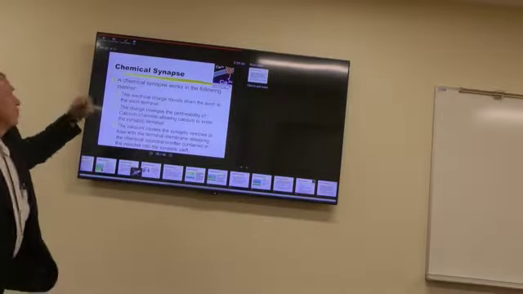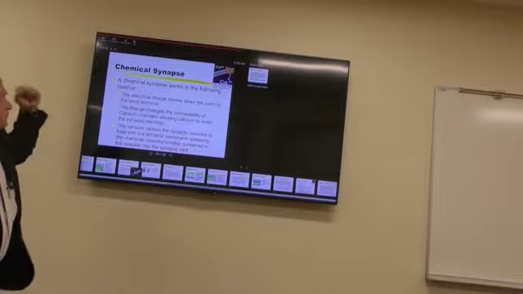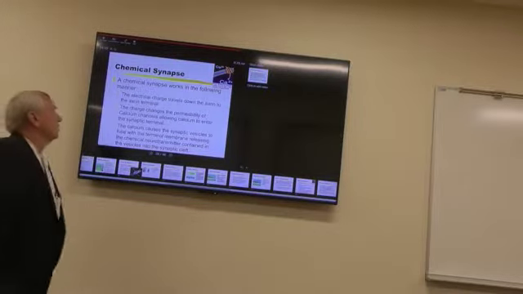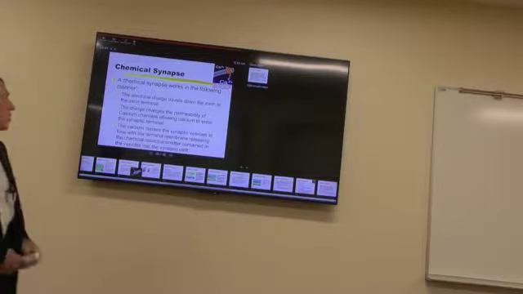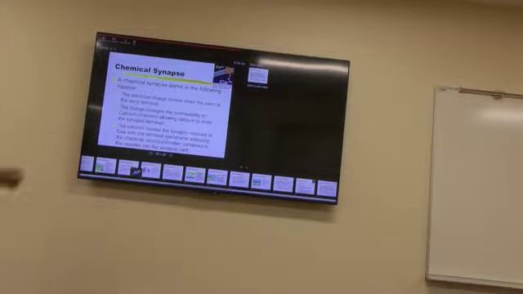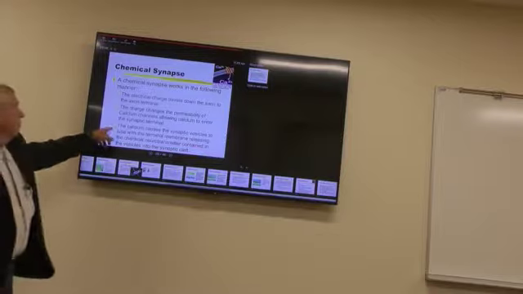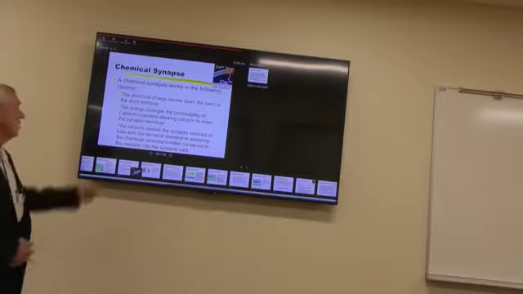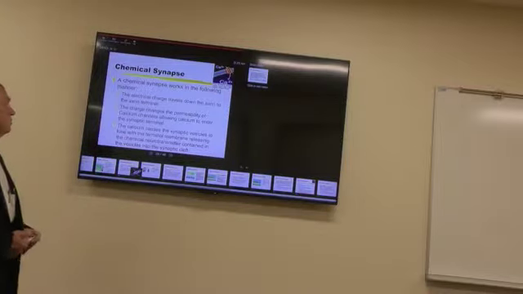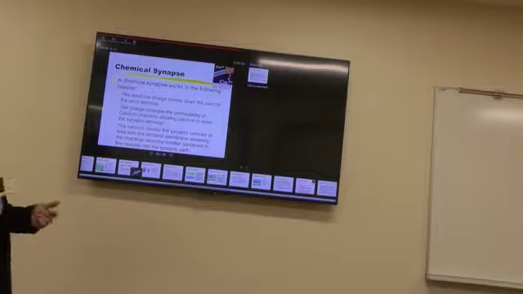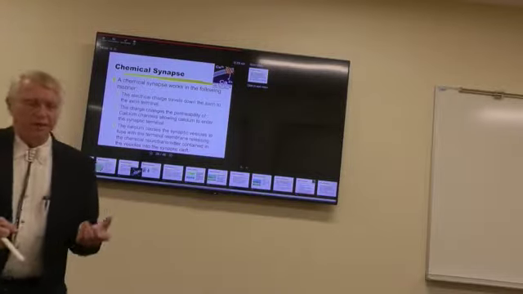A chemical synapse works in the following manner. The electrical charge travels down the axon to the axon terminal. The charge changes the permeability of the calcium channels, allowing calcium to enter the synaptic terminal. The calcium causes the synaptic vesicles to fuse with the terminal membrane, releasing the chemical neurotransmitter contained in the vesicles into the synaptic cleft.